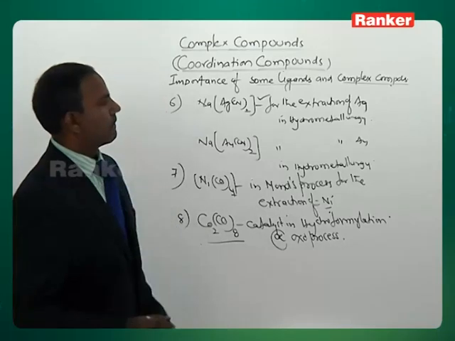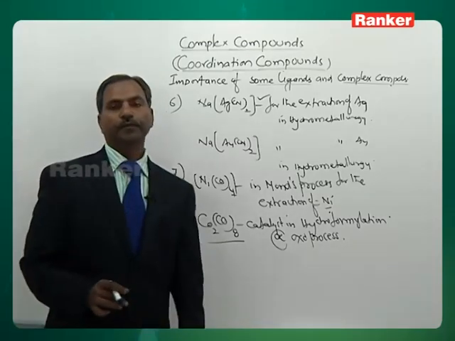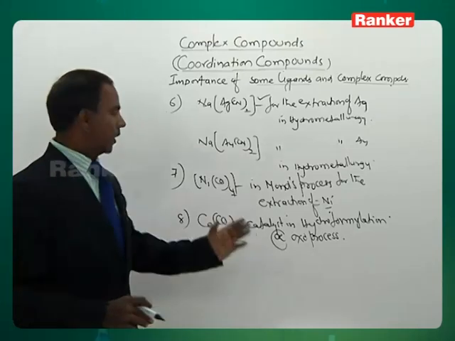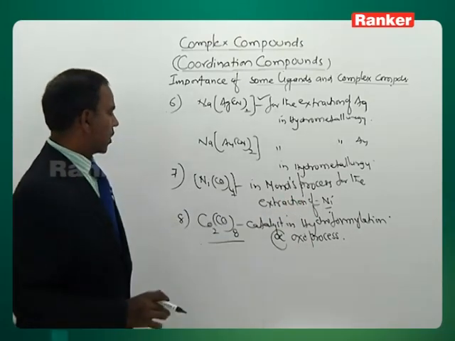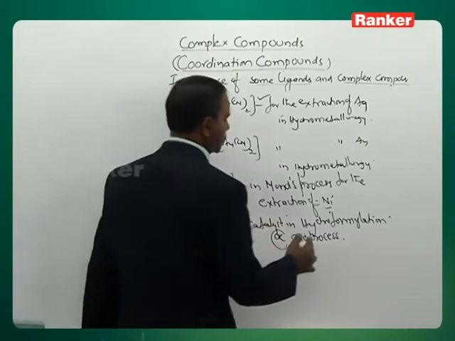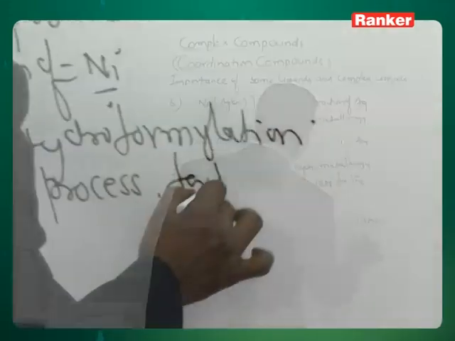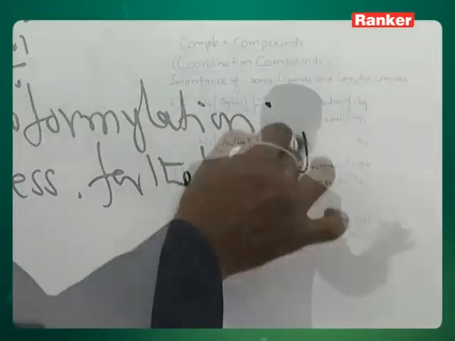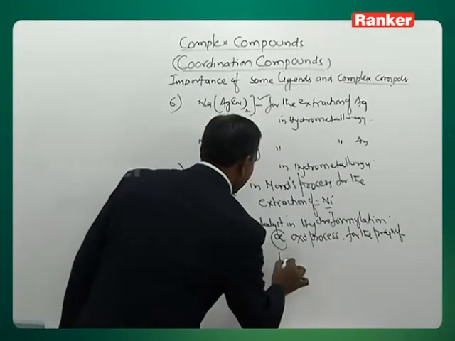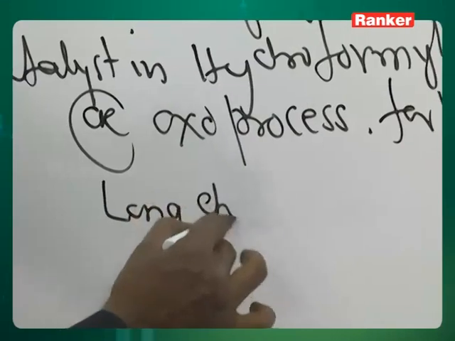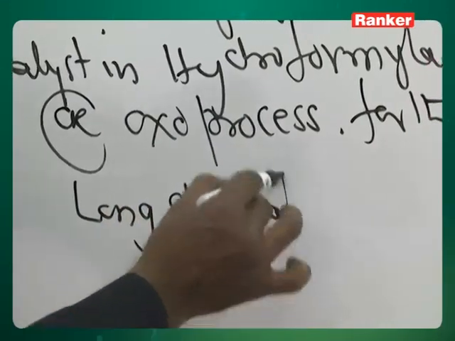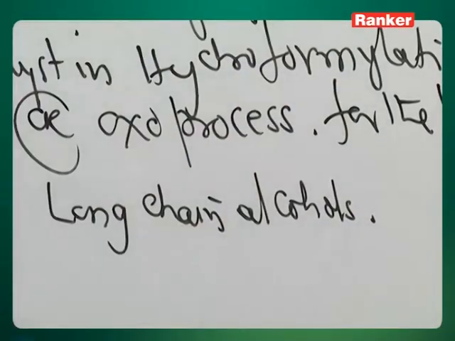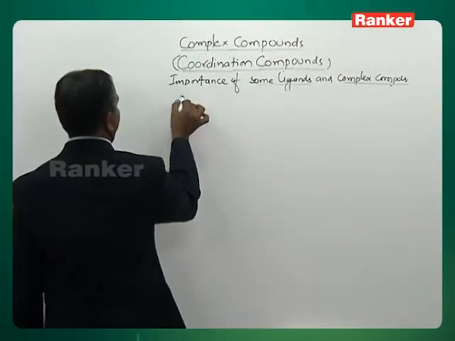This particular complex is used as a catalyst in the hydroformylation or oxo process for the preparation of long chain alcohols. So this is very important.